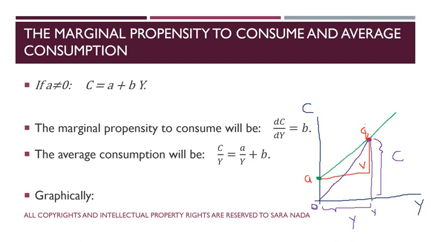As you can see, there is a difference this time because we have autonomous consumption. There is a difference between the average consumption and the marginal propensity to consume. Because it is clear also that this angle here, which is representing the tan of this angle A, the average consumption, is different from the angle of this line here.